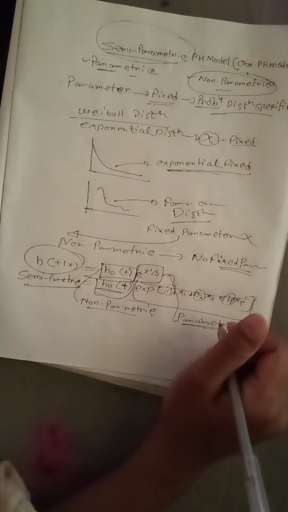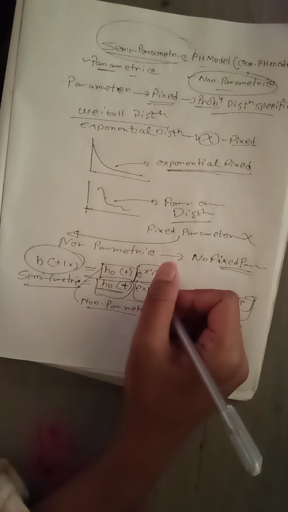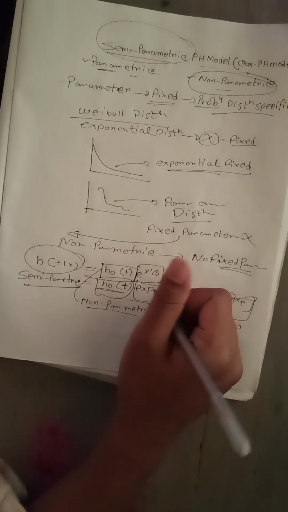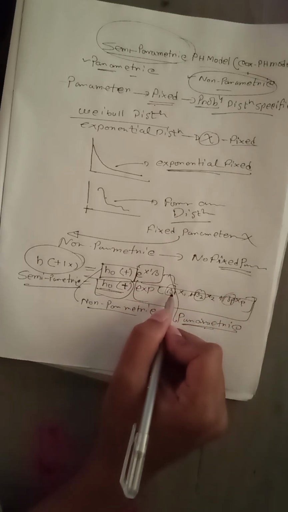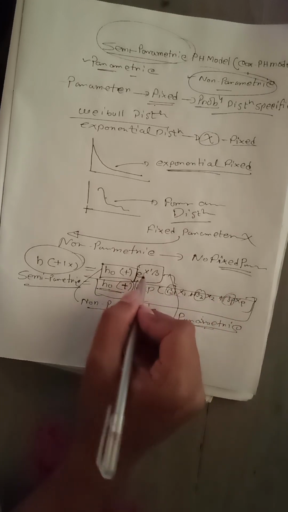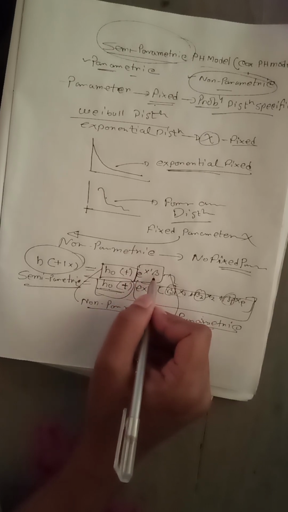There is a question: why do we need to study the semi-parametric PH model in the context of modeling survival data? Because we are introducing covariates. And what are these covariates? These ones are the covariates: exp of x prime beta. It is the part introducing the covariates.